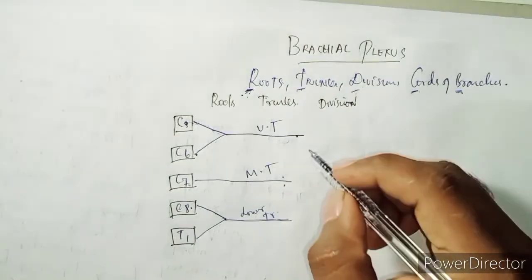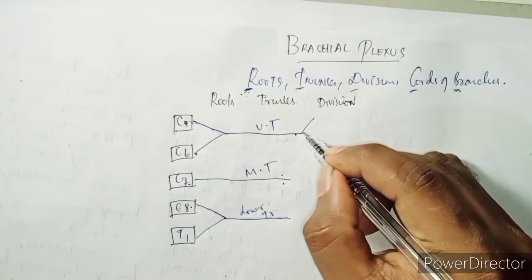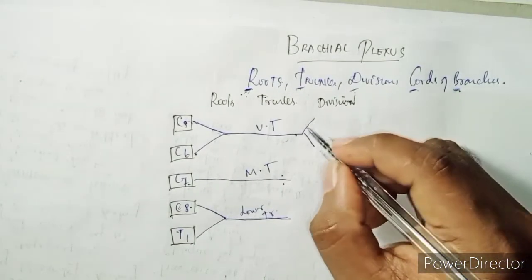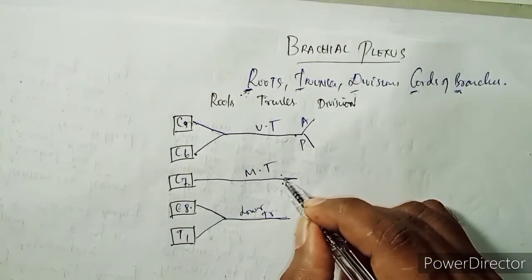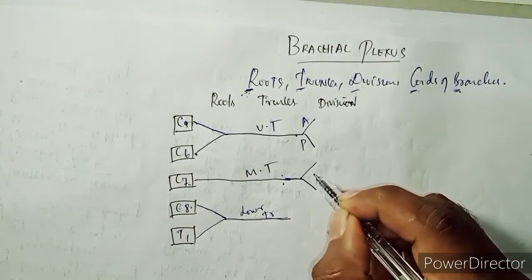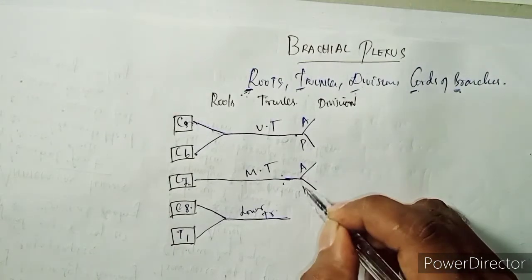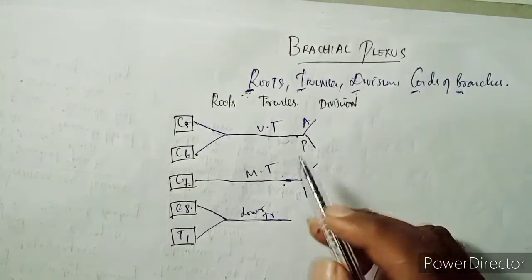The next one is division. Each trunk is going to give two divisions, that is ventral and dorsal, also known as anterior and posterior. In the same way the middle trunk is also going to give two divisions, anterior and posterior.